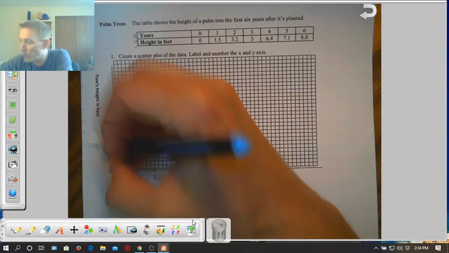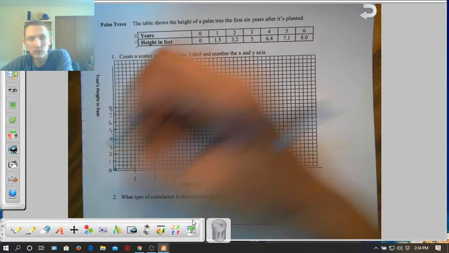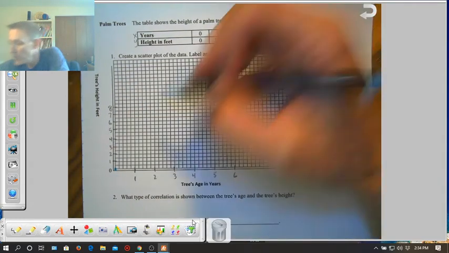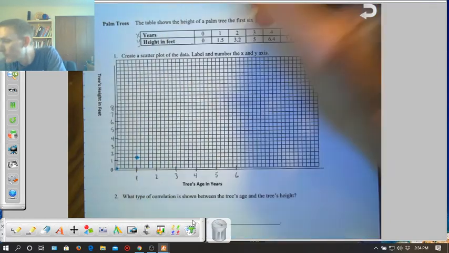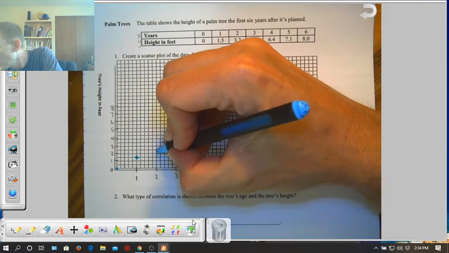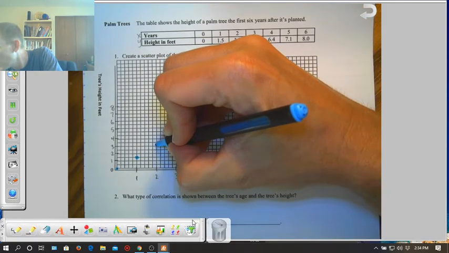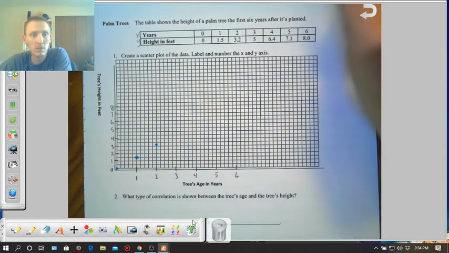At 0, 0, we're going to put our first point right there. And then we're going to go to 1 and 1.5. 2 and 3.2. Now 3.2, I'm just going to put it a little above 3.